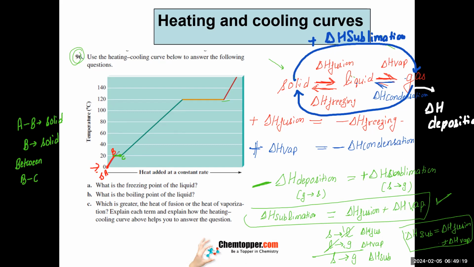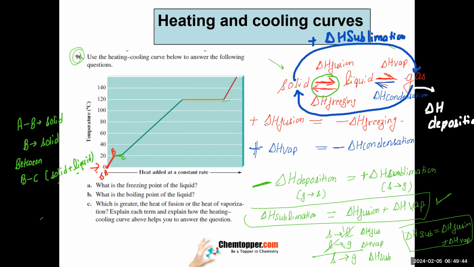It's melting, right? So is it totally liquid? No, it is solid plus liquid. It's not totally liquid. You see this equilibrium I was explaining? Both of them are there. Solid and liquid, right?